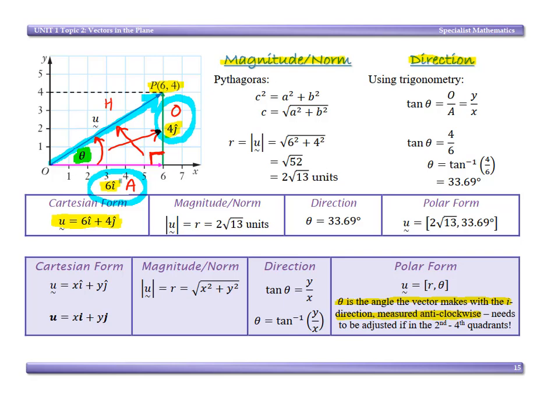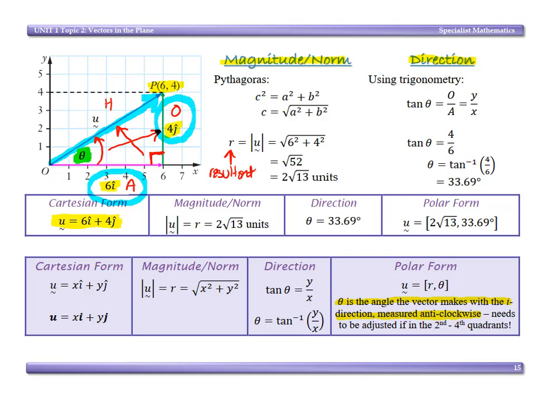So in regards to our r, which is our resultant, which we will often see, that's also the magnitude of u, which is going to be the square root of 6 squared plus 4 squared, the length of x, the length of y, the length of the adjacent side, the length of the opposite side, which is the square root of 52.